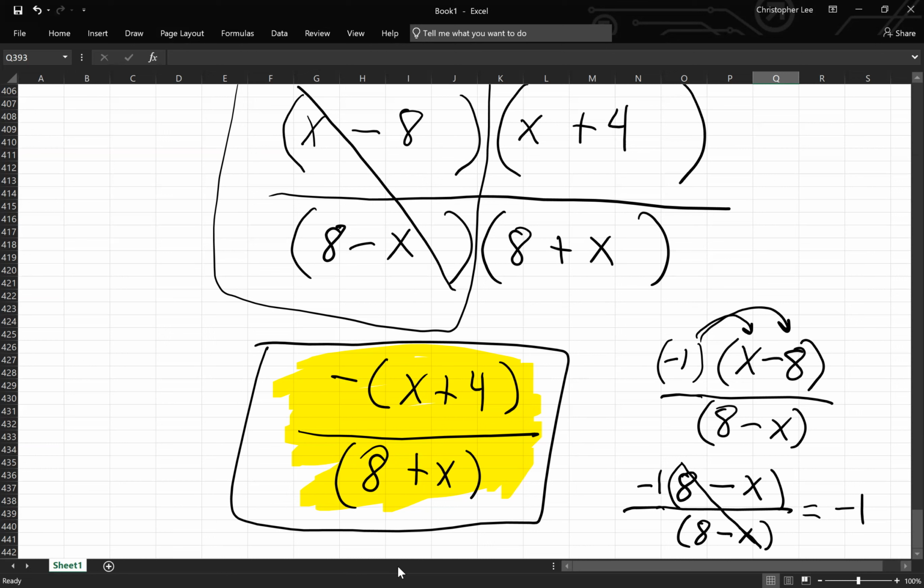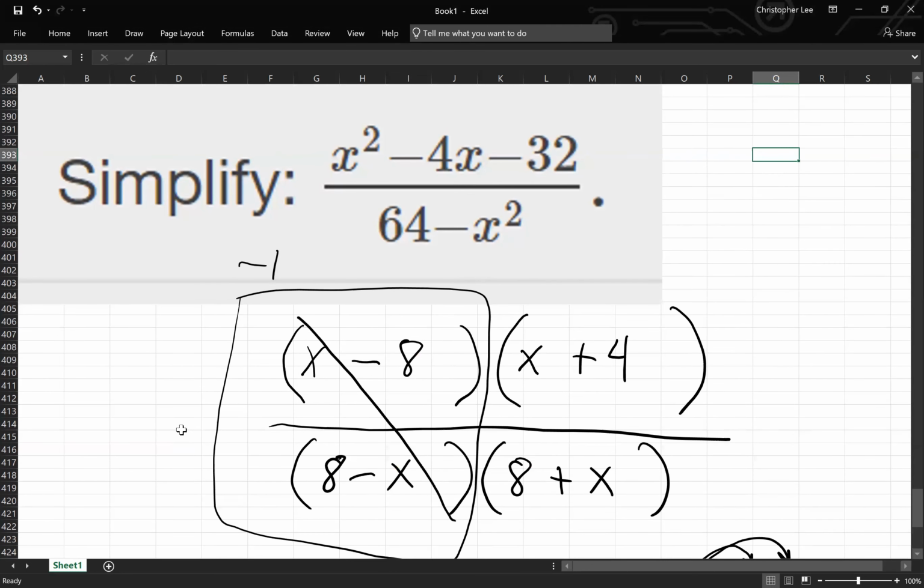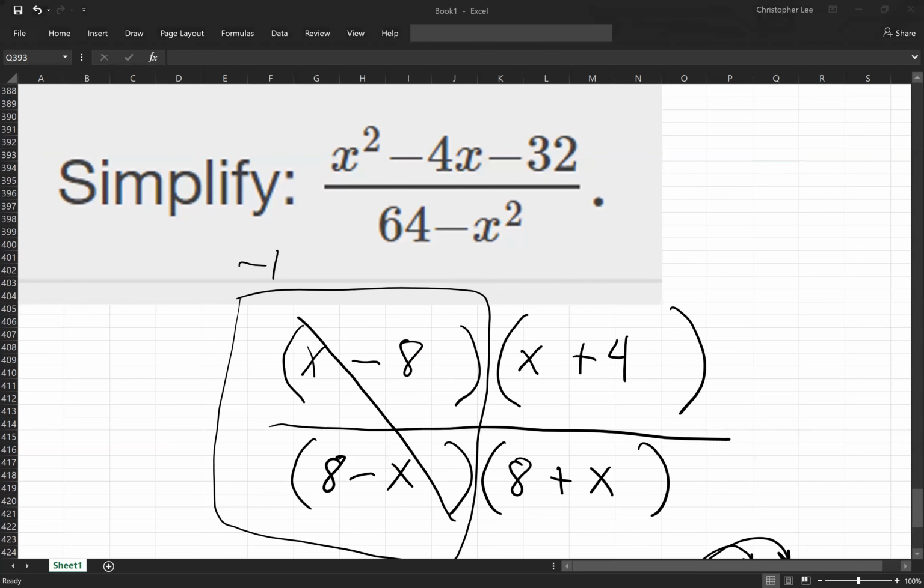So if B is positive, then the larger number is going to be positive. If B is negative, then the larger number is going to be negative. That's how you do it. Got it? All right.